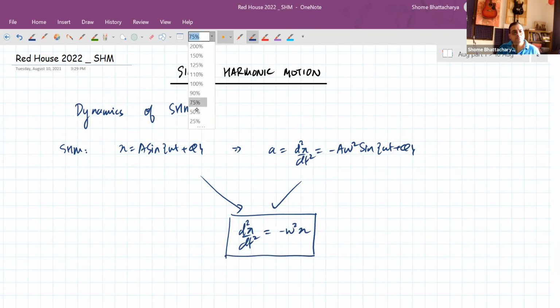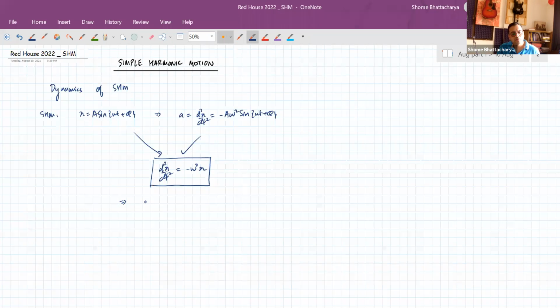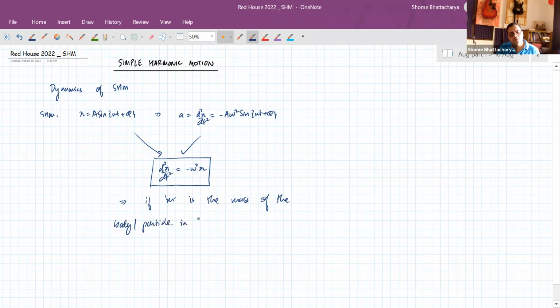So when we convert this to dynamics, that means that if m is the mass of the body or the particle in SHM, then the net force acting on it is given by minus m omega square x.